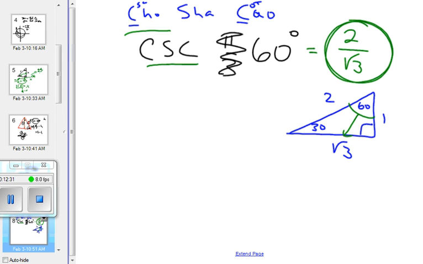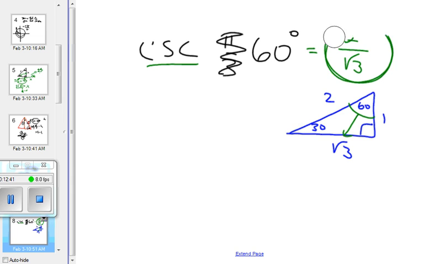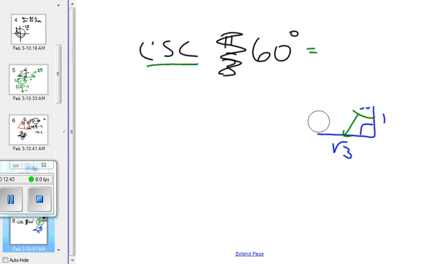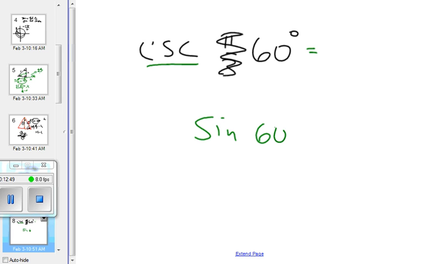Another way to do it is to say, I don't really want to do cosecant. Instead, I'd rather do sine. What you can't do is just say, I'm going to do sine of 60, because cosecant of 60 and sine of 60 are not the same. But what you could do is 1 over sine of 60 and figure out that answer.